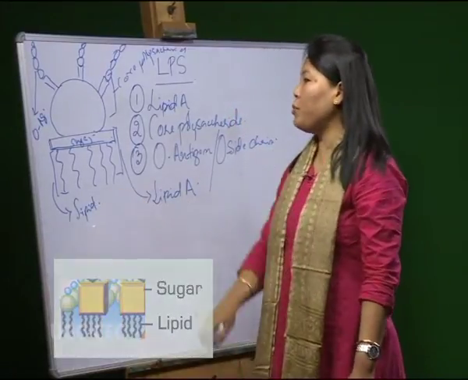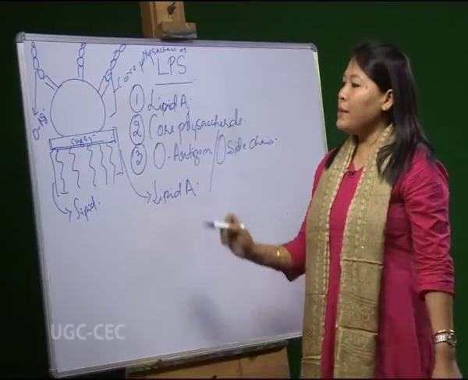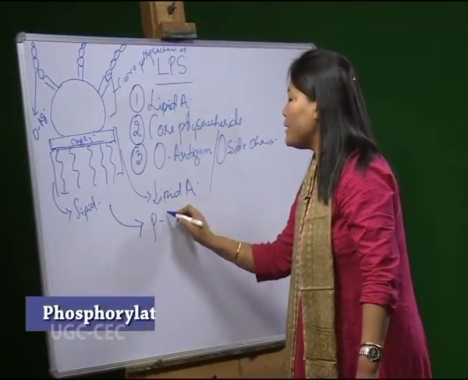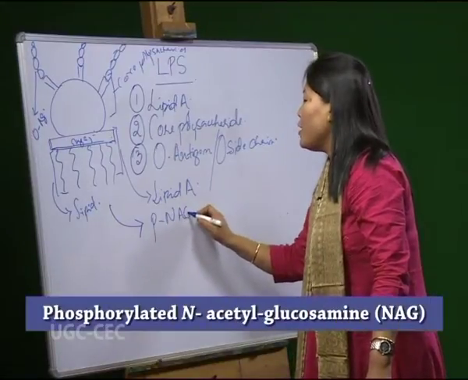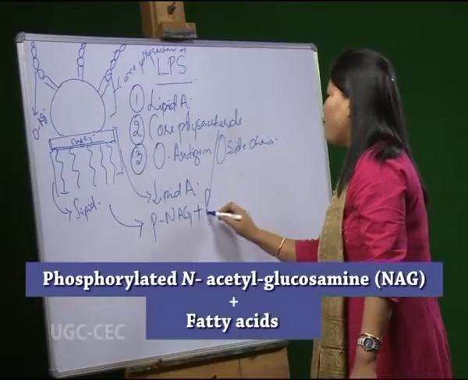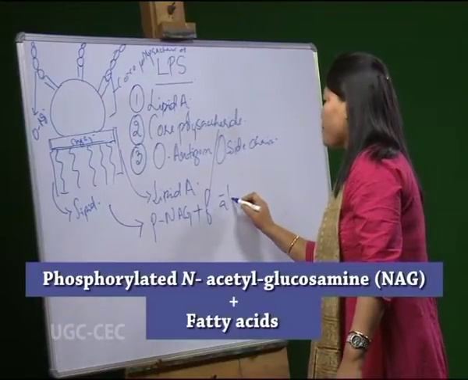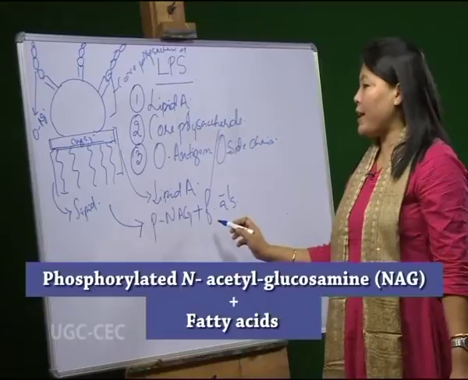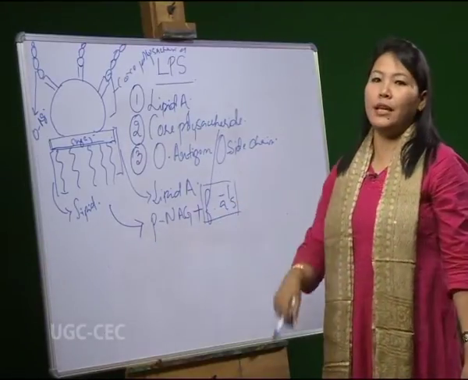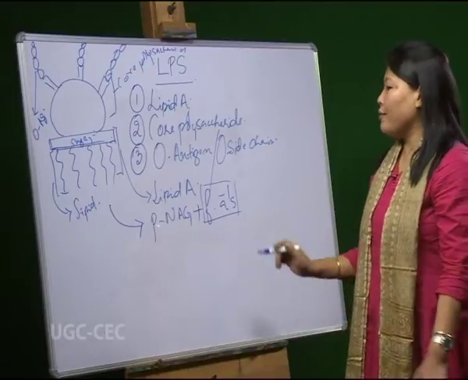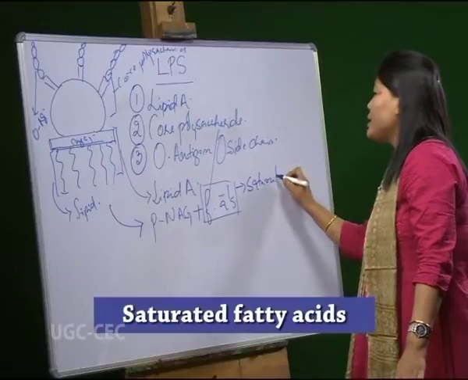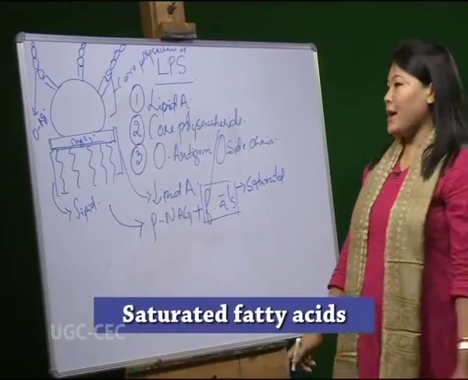When we come to the composition of lipid A, it is composed of phosphorylated N-acetyl glucosamine along with the fatty acids. All the fatty acids that are present in the gram-negative membrane are saturated fatty acids.